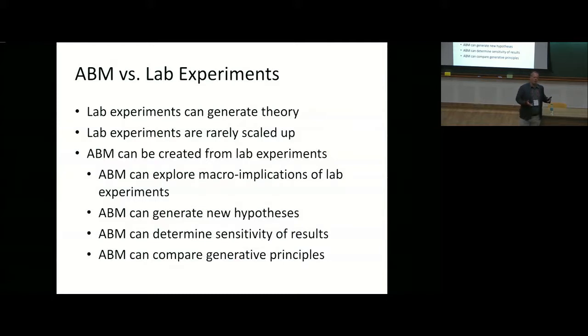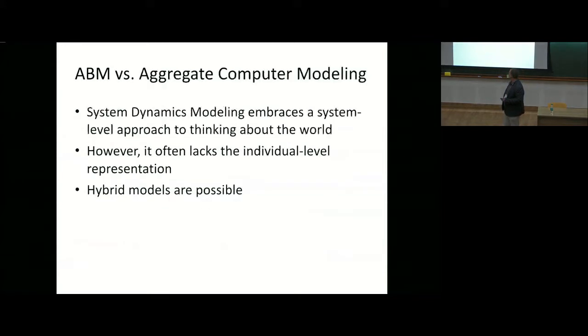People in lab experiments can only be forced through so many conditions before we suffer from experiment fatigue. They don't want to pay attention anymore. So we can run the model outside of those conditions and see if there's any unique results, and then we can go back and test them in the lab. And we can compare to generative principles of how these things might actually happen.